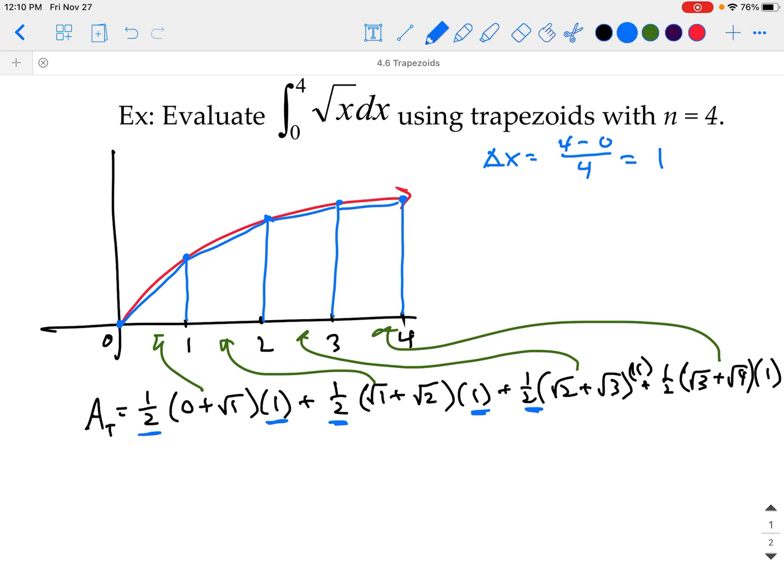But we'll note for this particular example, our delta x is simply 1. So it's not really going to be a huge factor, but we'll just note it here. So we'll factor out 1/2 and 1 as our delta x value. And so what we're going to end up with then is the sum of all of those heights.